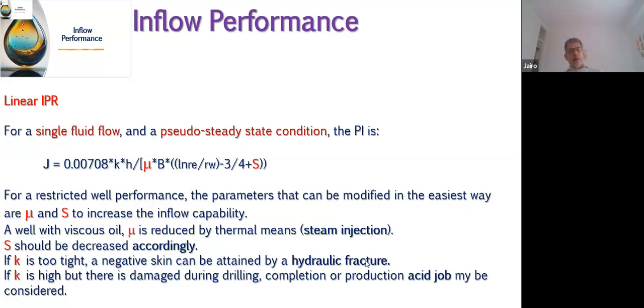With viscous oil, of course, the viscosity is reduced by thermal means, steam injection, and the skin should be decreased accordingly. If K is too tight, reviewing the parameters of the equation right here, a negative skin can be attained by hydraulic fracture. That's really a stimulation. There are only two actions that we call really a stimulation.